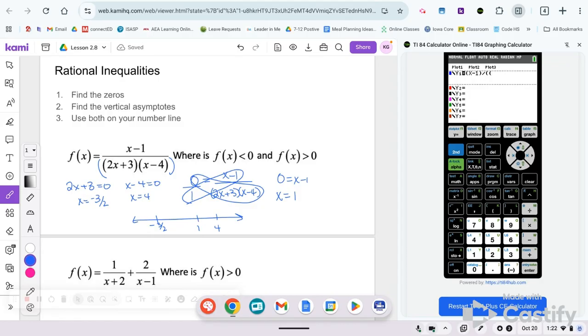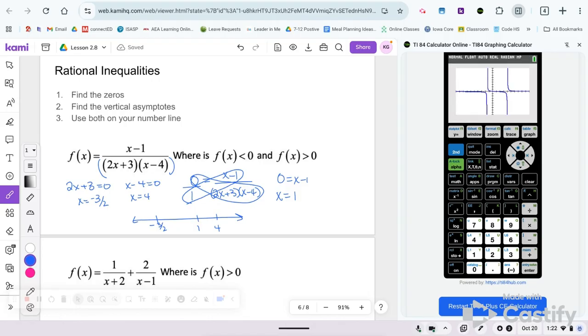So I'm going to start with open, open, 2x plus 3, close, open, x minus 4, close, close. And you can see that the negative 3/2 and the positive 1 and the positive 4 are my zeros, and my vertical asymptotes are the ones at the negative 3/2 and the positive 4.